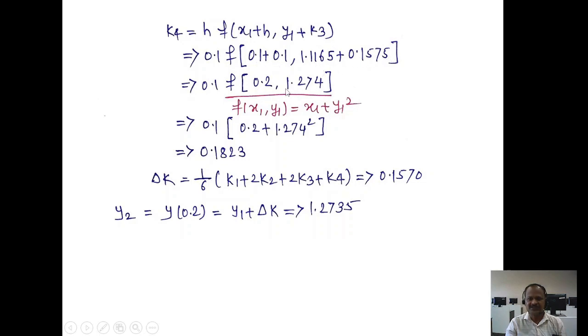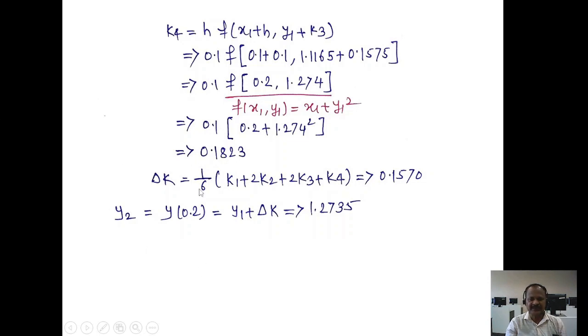Make addition here, it is 1.274. Now for this we can use the equation f of x1 comma y1 is equal to x1 plus y1 square. So x1 is 0.2 and y1 is 1.274. So 0.2 plus 1.274 bracket square, multiplication with h, the value of h is 0.1. Final answer is 0.1823. So this is k4.